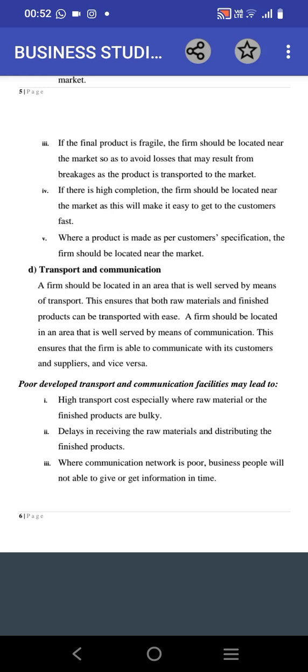So you should locate the farm near the transport. This ensures both the raw materials and finished product can be transported with ease. A farm should locate in an area well served by means of communication. This ensures that the farm is able to communicate with customers and suppliers and vice versa.